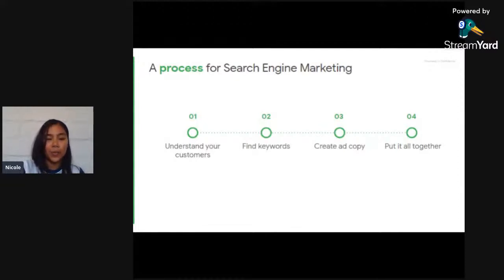You need to find keywords. You need to brainstorm good keywords to bid on that might be relevant to your target audience. You need to create ad copy. In order to create good ads, we need to understand what our target customer wants. And finally, we need to put it all together.